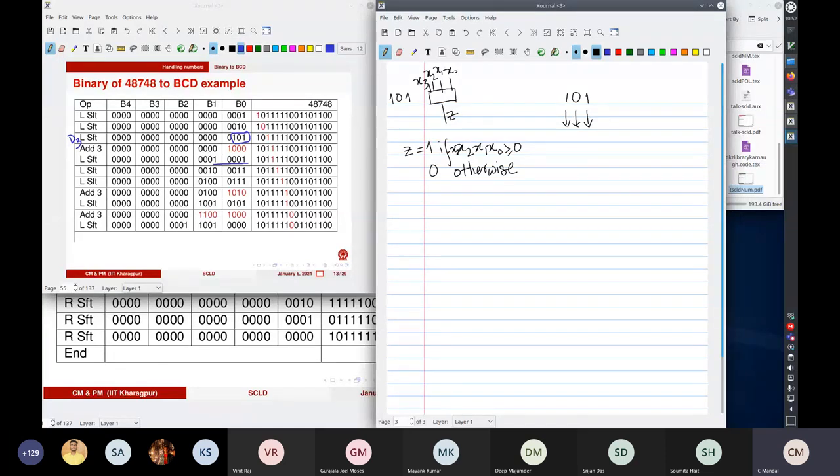You can actually make a truth table, 0, 0, 0, actually up to 5. So let me just put it in a different ink.